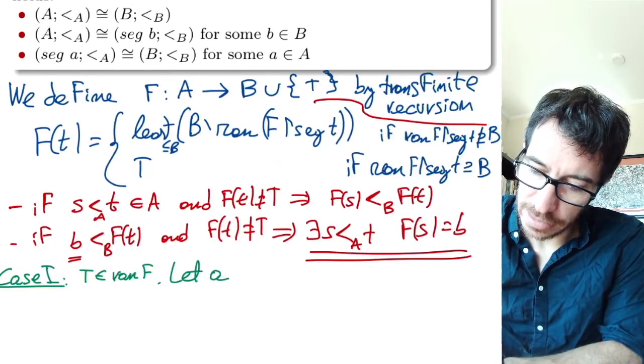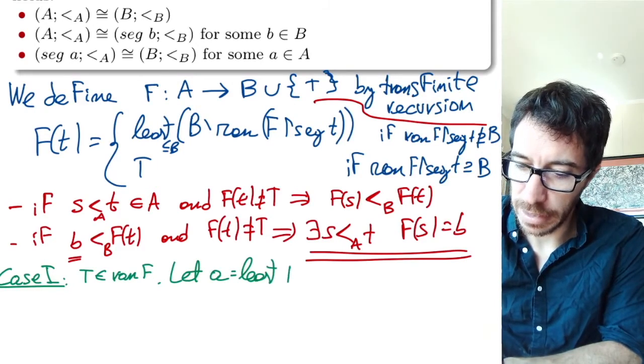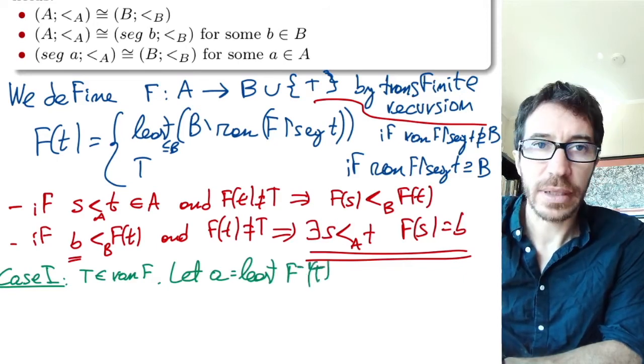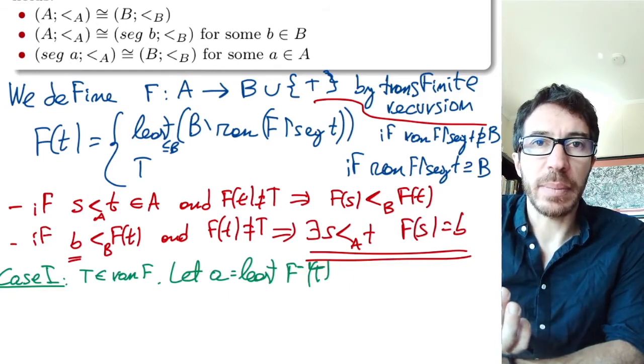So let A be the least such that it maps to T, F inverse of top. The least one that goes to there. So that means all the previous ones do not get mapped to top.